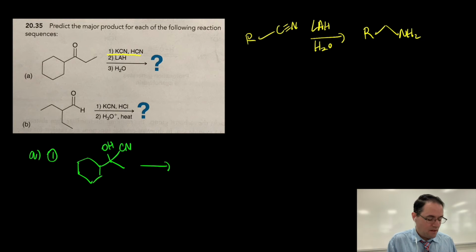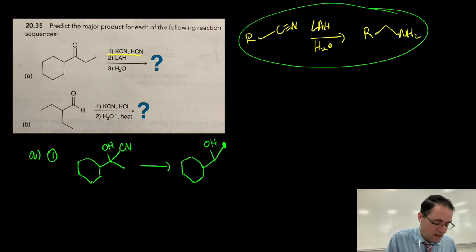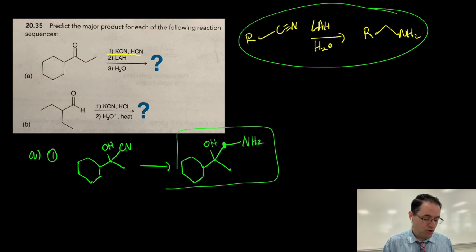Okay, and then in steps 2 and 3, we're going to do this transformation here, where we're converting the nitrile to a primary amine. So we want to take our 6-membered ring, okay, and what's kind of tricky and hard to notice is that there's actually a carbon in CN. So there's a carbon right here that I'm dotting just to make sure that you pay attention to and don't leave out accidentally. So it's going to make that primary amine, okay? So it's an amino alcohol technically.